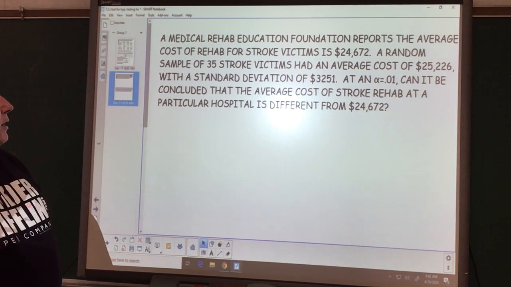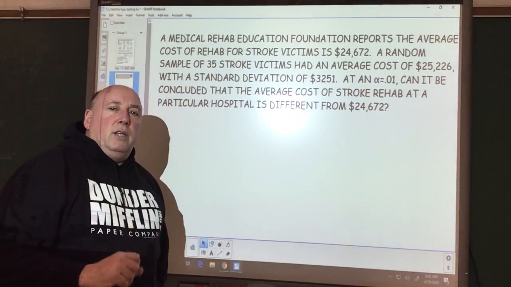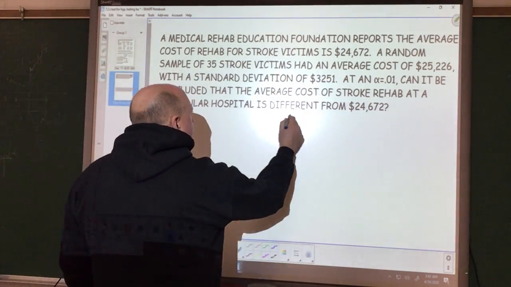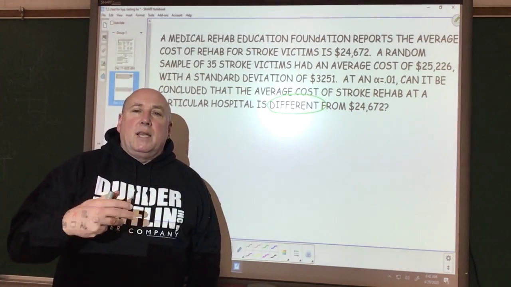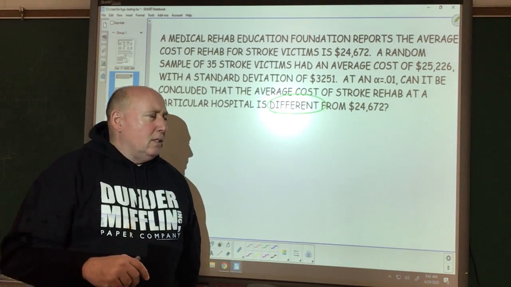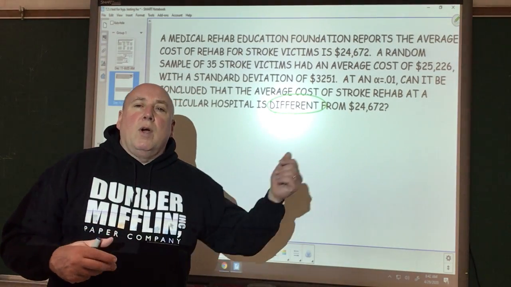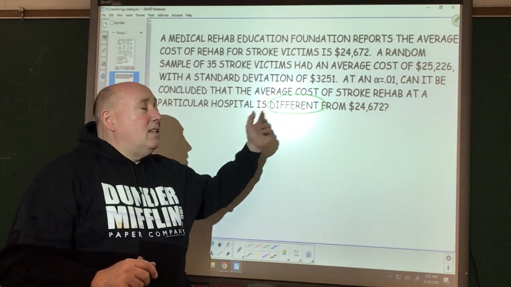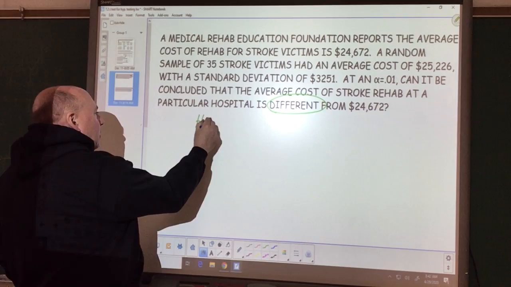Can it be concluded the average cost of stroke rehab at a particular hospital is different from the 24,672? Now that word different makes it a lot easier to do our null and alternate hypothesis, because the other way would be is greater than, or is less than, or is different. When we have a different, that allows us to do a null and alternate hypothesis.